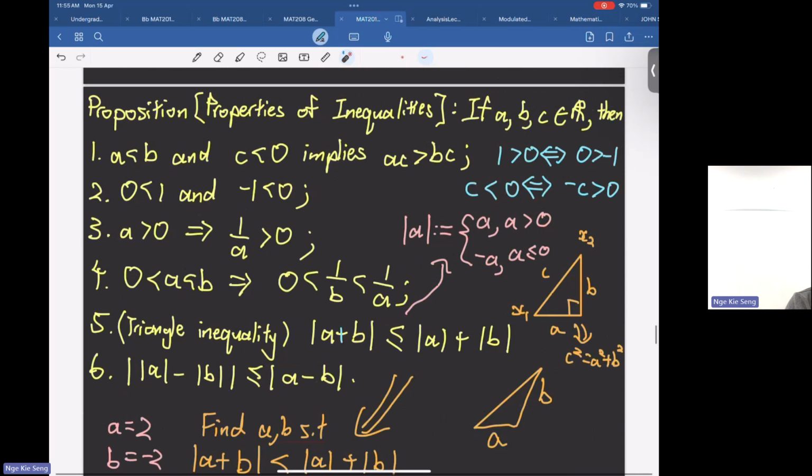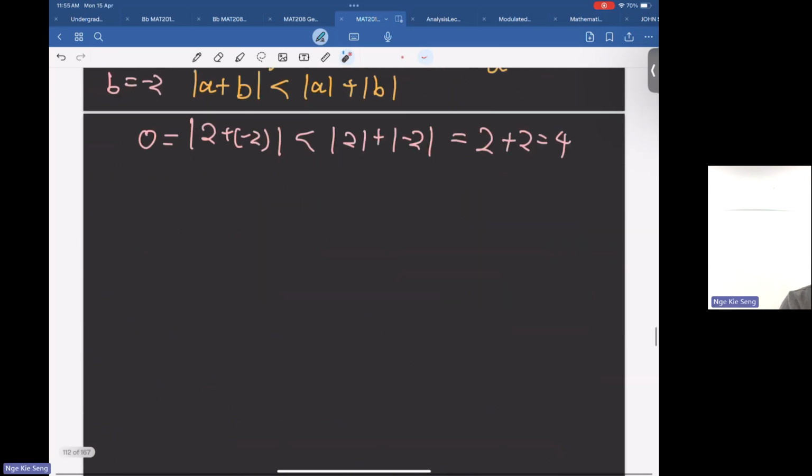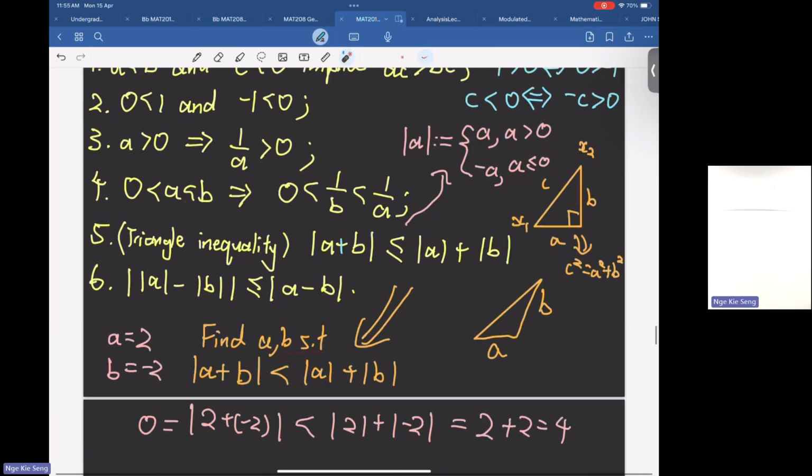Okay, we have introduced a few axioms, the order axioms. Any problem before we go to the final axiom, which is the completeness? Any question on order axiom and field axiom here? So you can see that field axiom and order axiom is already quite strong. What do I mean by quite strong?